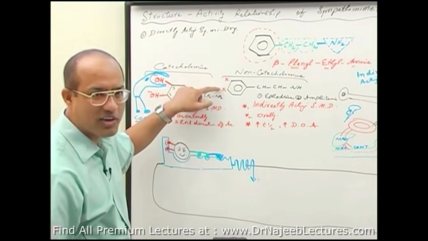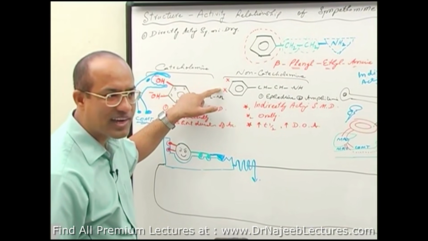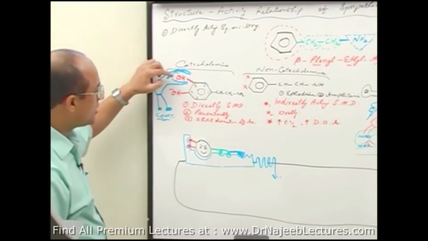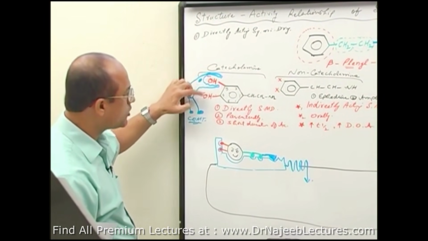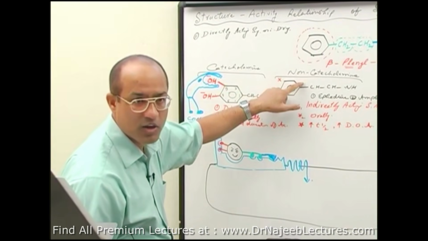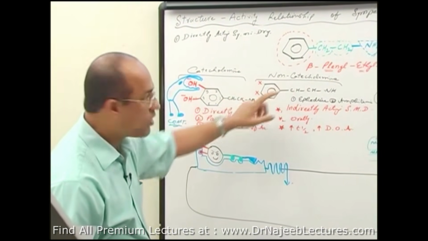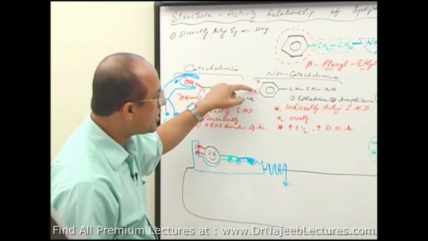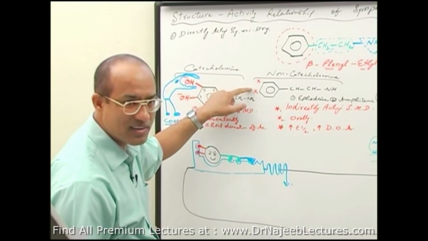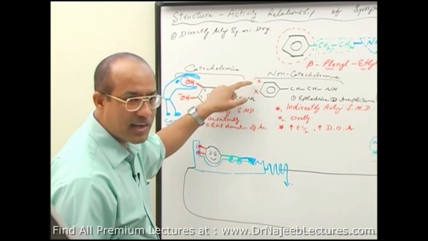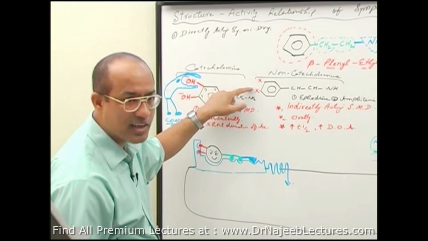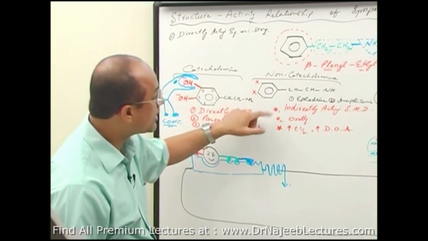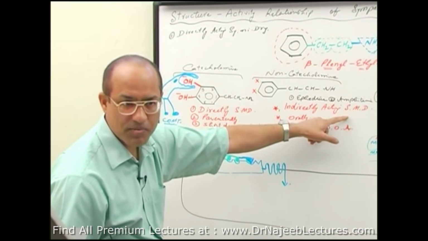Number one, when you remove these two hydroxyls, you convert catecholamine into non-catecholamine, a direct acting drug into an indirect acting one. Non-catecholamines are less polar, bind the receptor less, but are taken up more in nerve endings and help release endogenous norepinephrine. So they are indirectly acting sympathomimetic drugs.